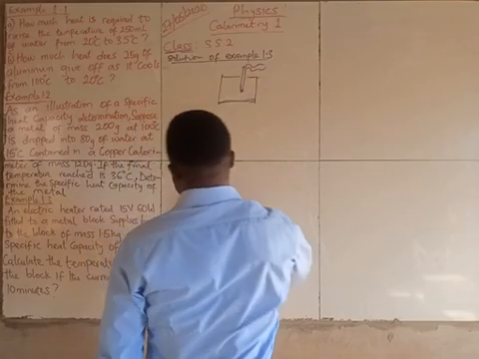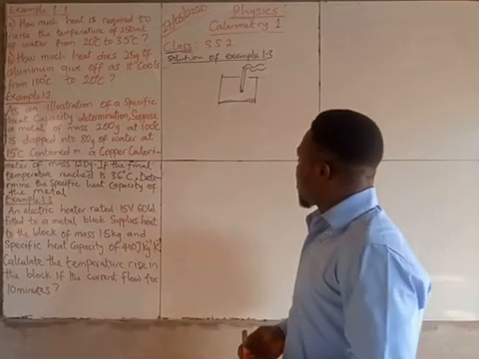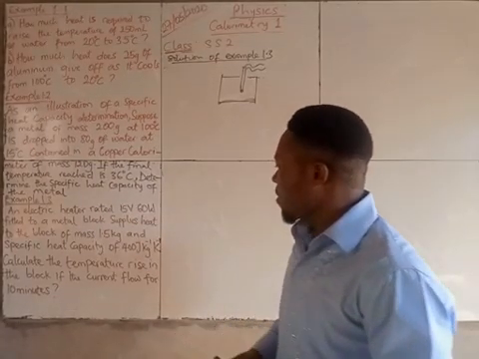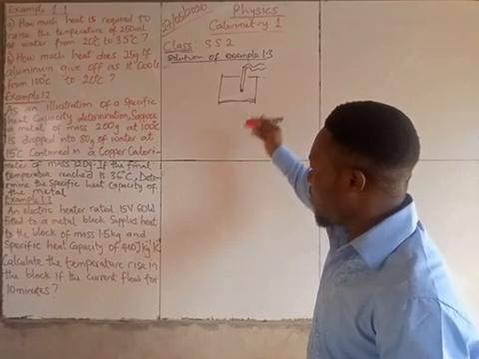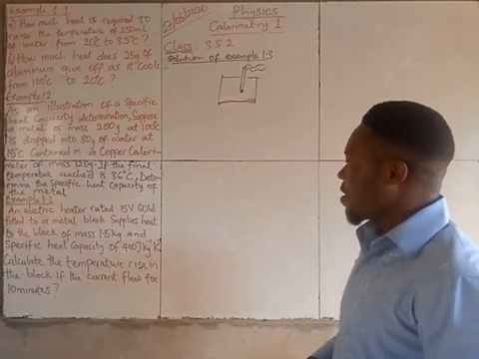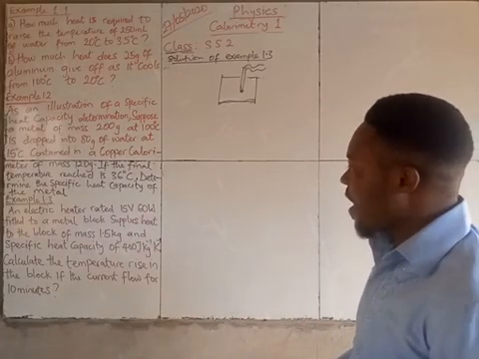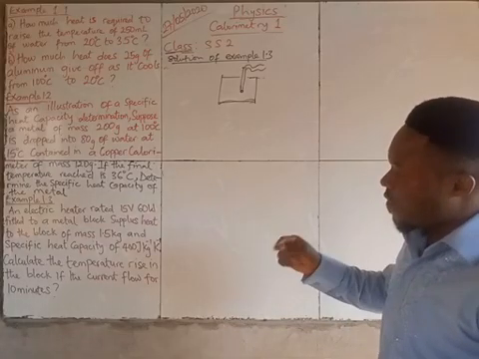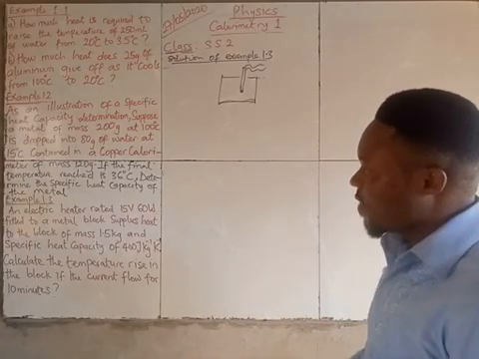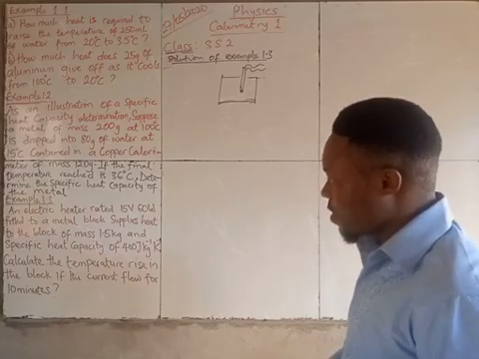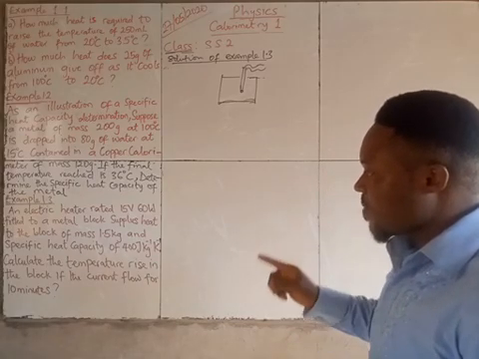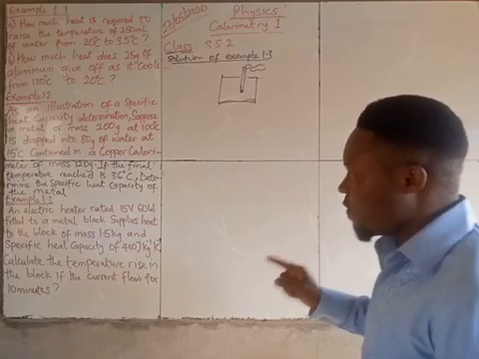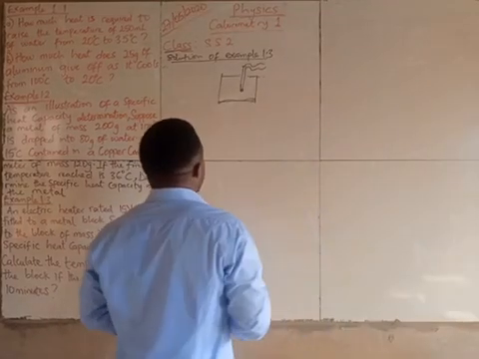The block has mass 1.5 kg and specific heat capacity of 400 joule per kilogram per Kelvin. Calculate the temperature rise in the block if the current flows for 10 minutes. Let's write the parameters.